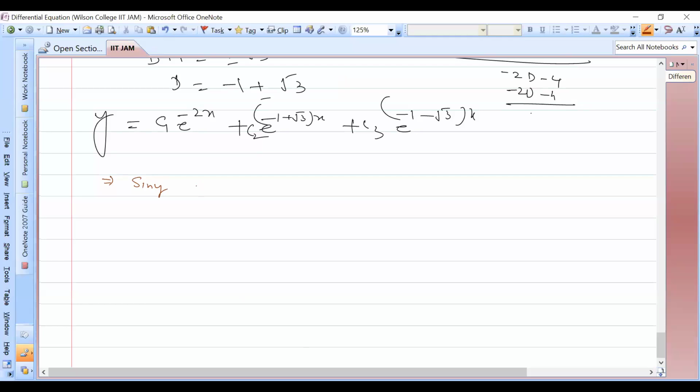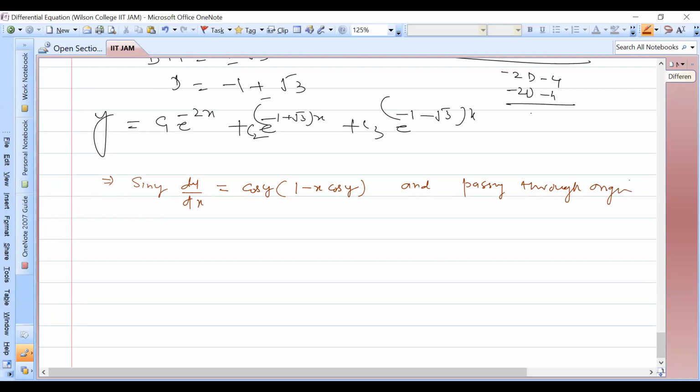Yes, sir. Okay. The question is: find the equation of the curve satisfying sin y dy by dx equals cos y (1 minus x cos y), and passing through the origin.